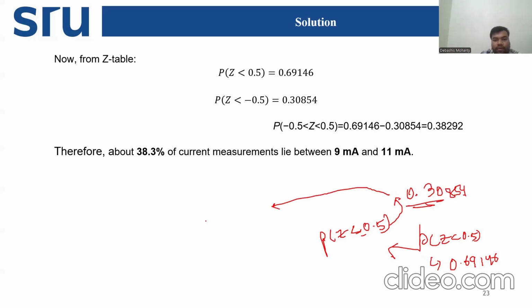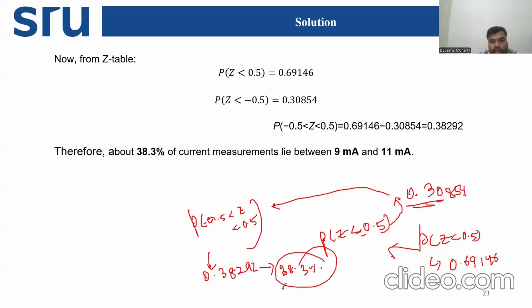After calculating both, the probability of minus 0.5 less than Z less than 0.5 is 0.3829, or we can say the probability is about 38.3%.